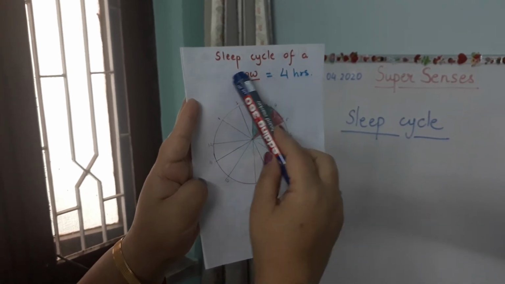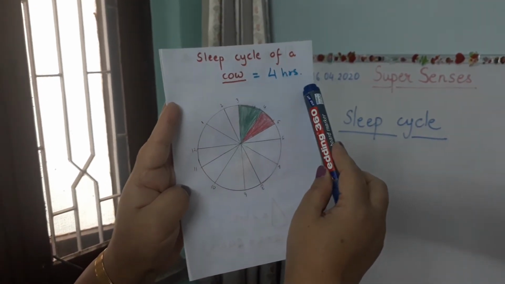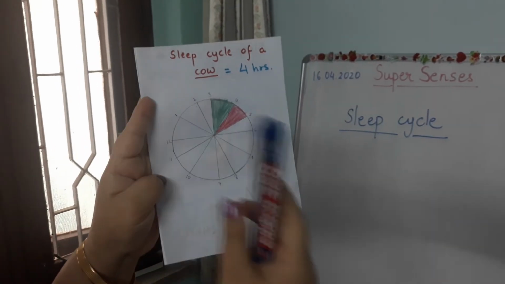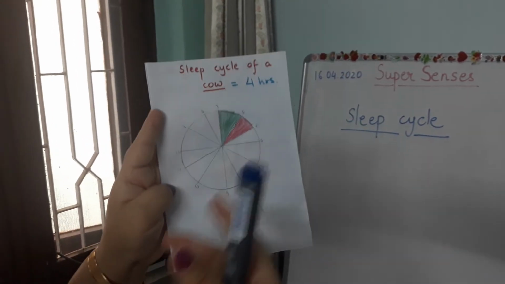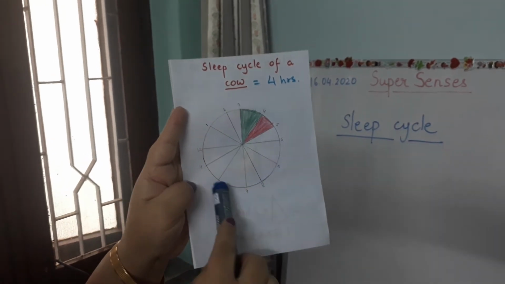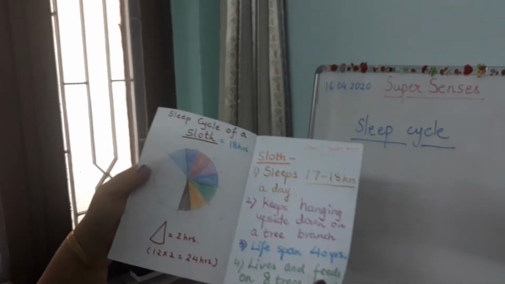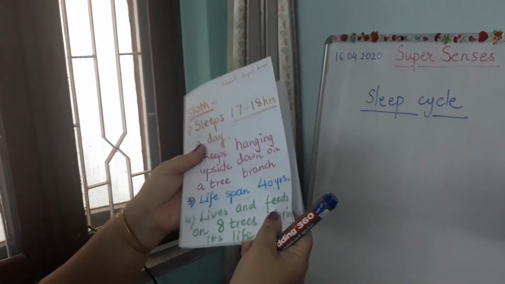So the sleep cycle of a cow is only 4 hours. So if you get to draw the sleep cycle of a cow or a python or a sloth, this is how you are going to do it. I hope it is clear to everybody, the sleep cycle of a sloth and the sleep cycle of a cow.